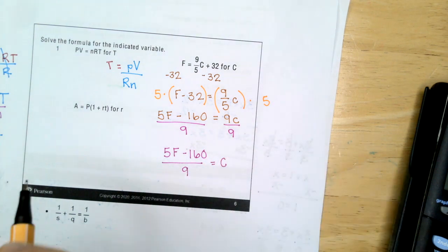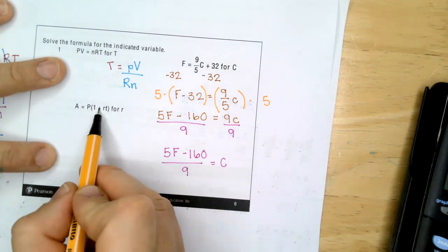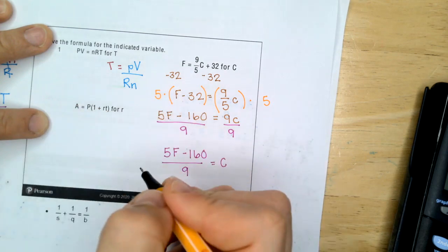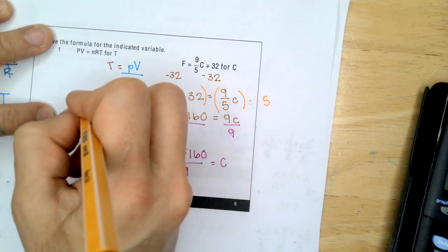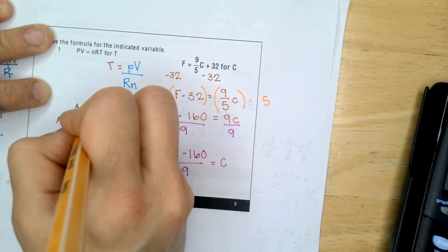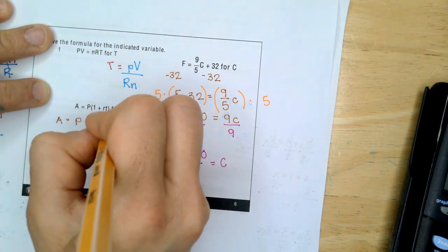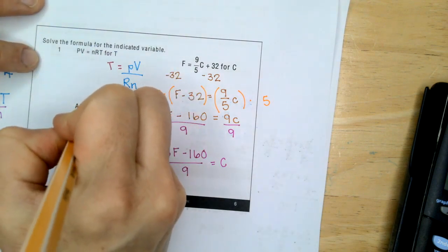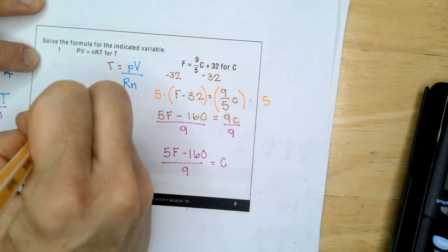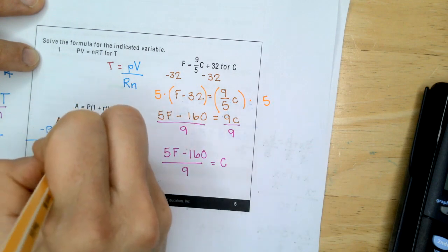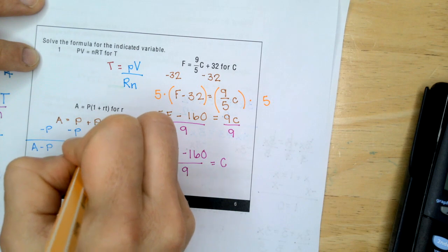Good? Here we have P times 1 plus R times T, solving for R. Oh, sorry, A equals. First, I'm going to distribute that P. A equals P plus PRT. I'm going to subtract that P. Now we have A minus P equals PRT.